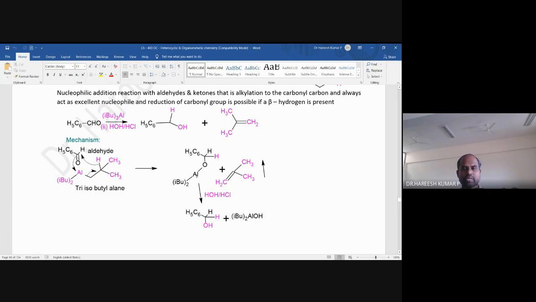That's what I have written here. This is an intermediate, and this is a gas, isobutene gas. It will go out. So isobutene is a gas. It will go out. Then what is the product obtained? The product obtained is benzyl alcohol.